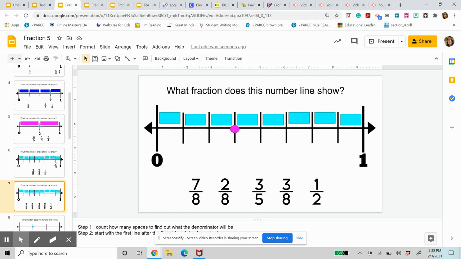Write your answer on your paper and then see if it matches with what I put down. Okay, so if you count the spaces, you had eighths and then 1/8, 2/8, and this would be 3/8. Okay, so if you put 3/8, you are correct.